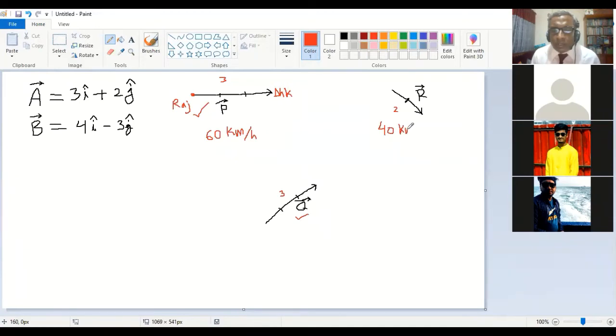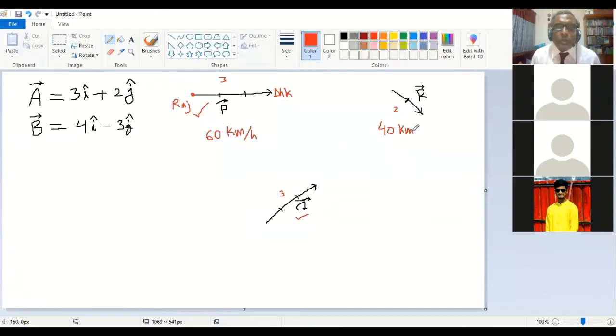So if you understand this, then every unit is actually 20 kilometer per hour. So the first one is 3 units, 60 kilometer per hour. In the same way, 2 units can be 40 kilometer per hour.